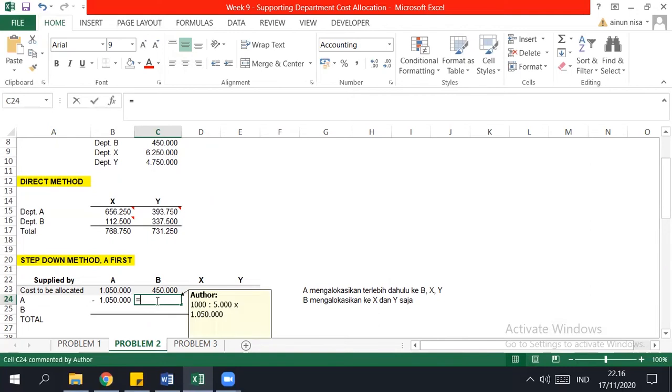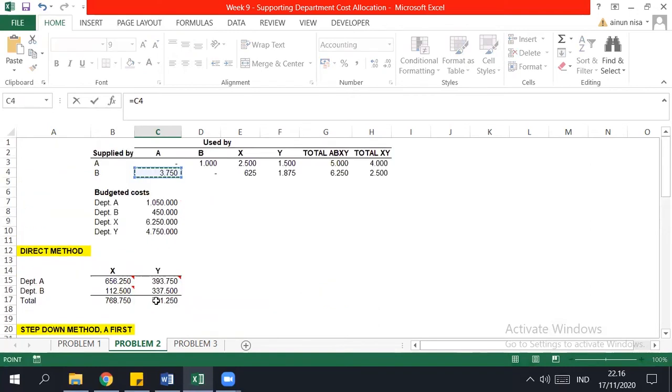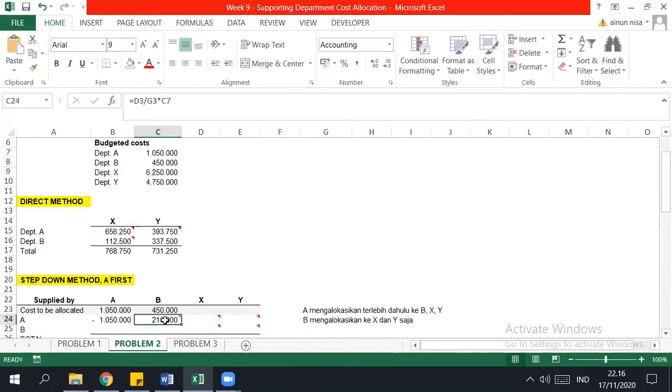First, we divide the usage of Department B, which is 1,000, by the total usage of Departments A, B, X, and Y, which is 5,000, and then multiply it with the cost of Department A, which is 1,050,000. I already wrote down the formula. If you're still confused, please read the comments.